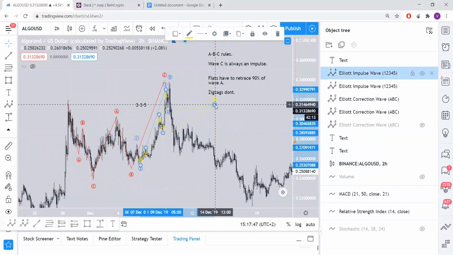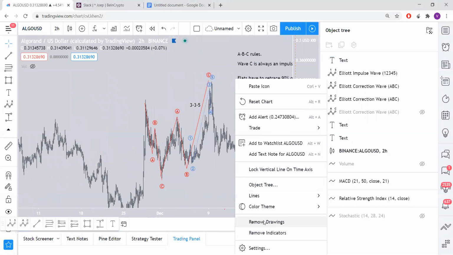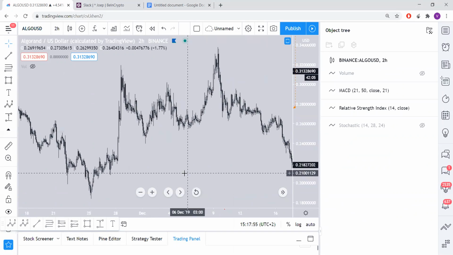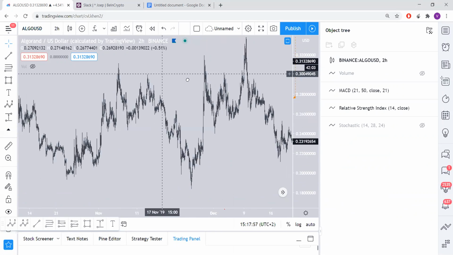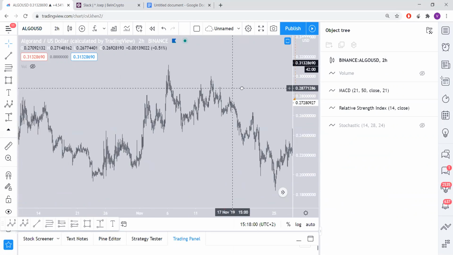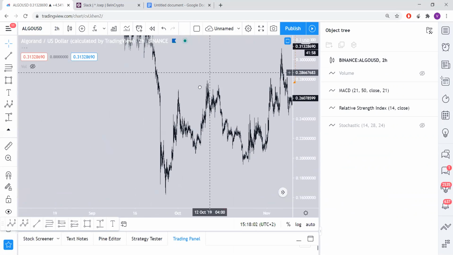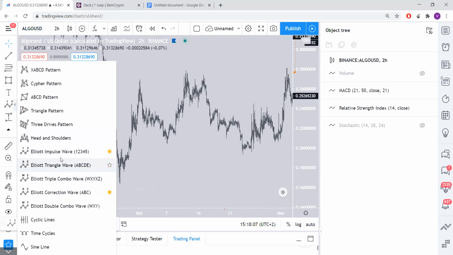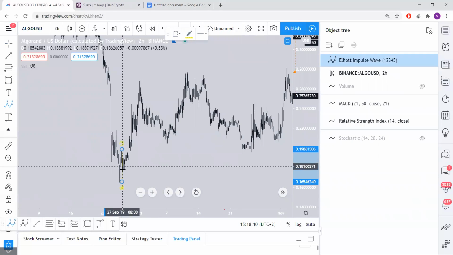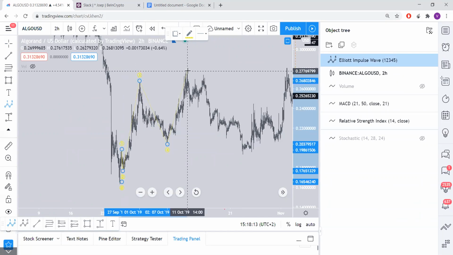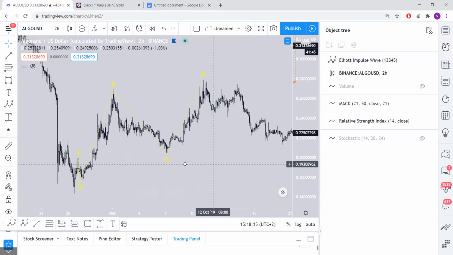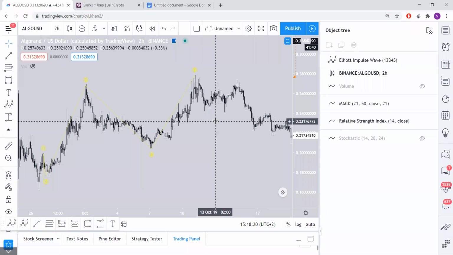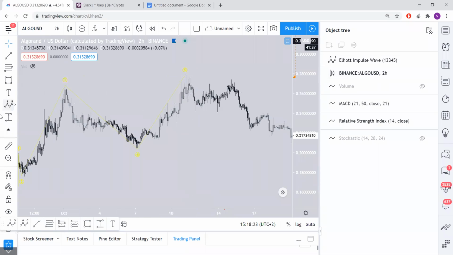After you have a 1, 2, 3, 4, 5 impulse, you have to begin looking at the subwave count. So let's find an impulse here. That's probably an impulse. Now, once this begins, you count the subwaves. So here you have 3.